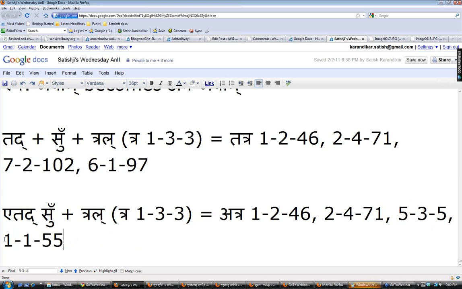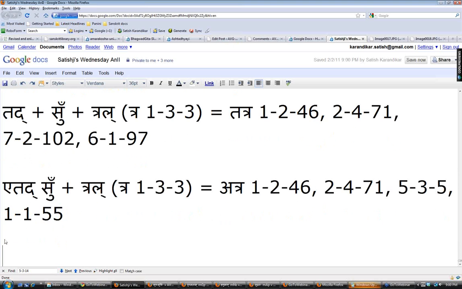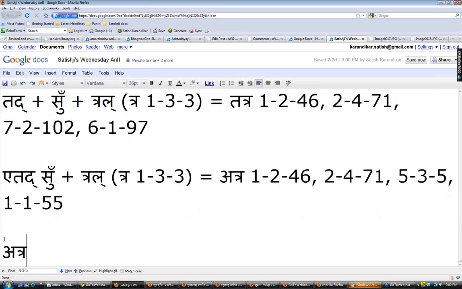Okay. Now the last thing: I said Mallinatha regards it as a compound. Not only Mallinatha, because other places also. So what kind of compound would this be? This is not really any specific compound. It was called a miscellaneous compound. So Tatra Bhavan, Atra Bhavan, as Apteji says: Atra Bhavan means somebody is in front of you, so you, sir, who are here, the honorary you.